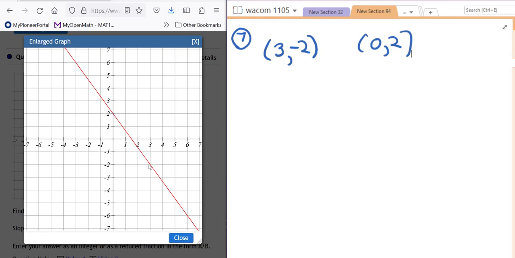You're counting vertical change over horizontal change. So vertical change, if you go up, is positive. If you go down, it's negative. We were starting at (3, -2), and I'm trying to get to (0, 2). So I'm going up 1, 2, 3, 4. That lines up with the 2.